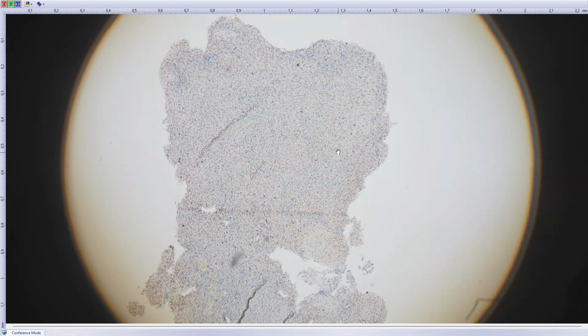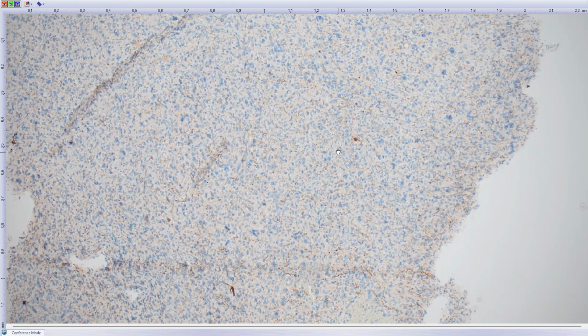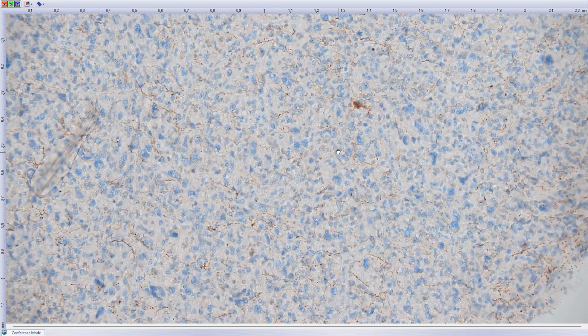This is neurofilament staining. Most pilocytic astrocytomas have a solid or expansile growth pattern. It means that if you perform synaptophysin or neurofilament staining, this is neurofilament staining, you will not have neurofilament positive tissue.